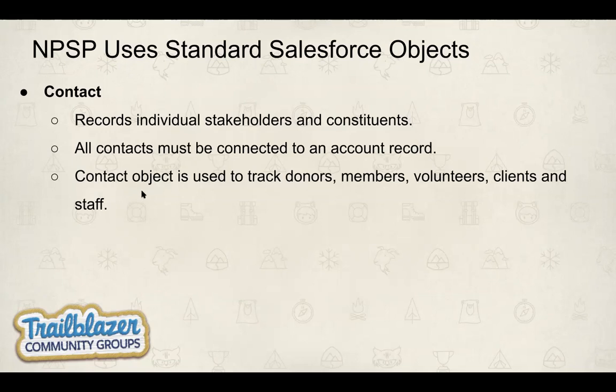Under that contact object, you can store any information related to donor, member, volunteer, client, or staff, whatever, right? And related to those roles, some additional fields will be available on the contact object, which we'll see later on.